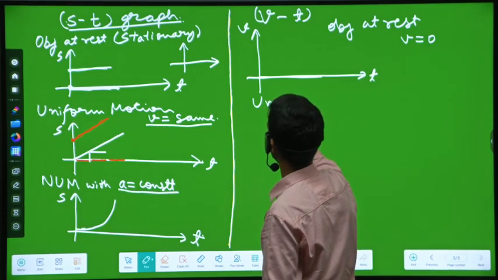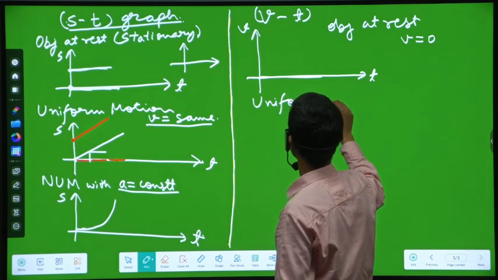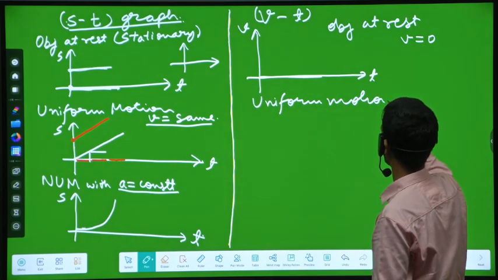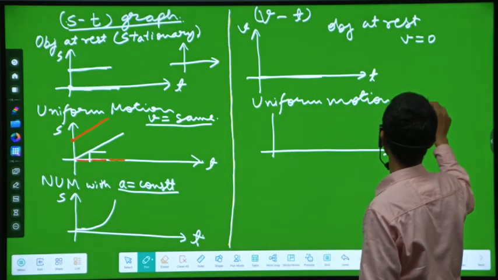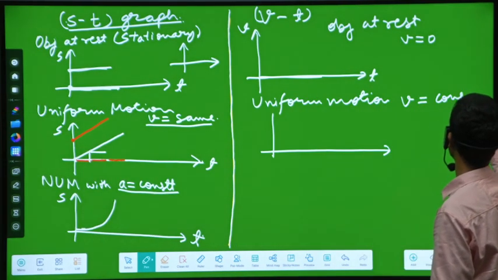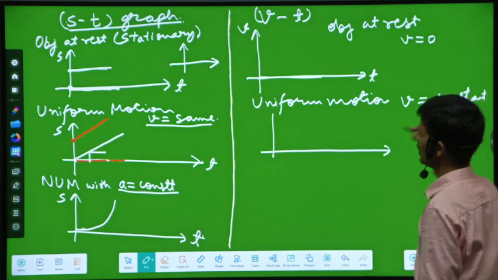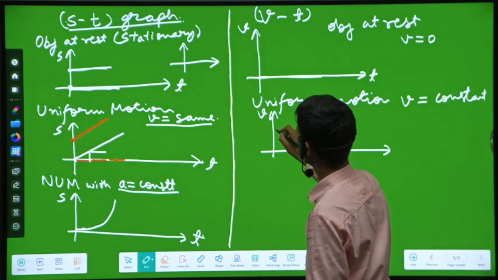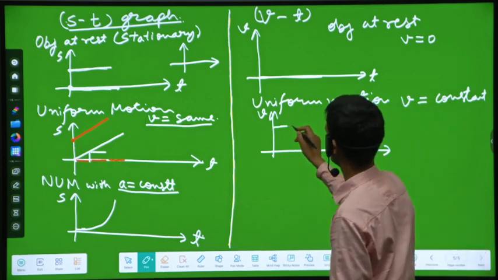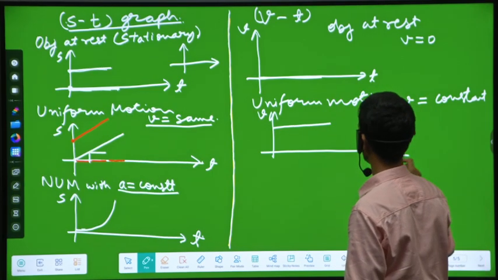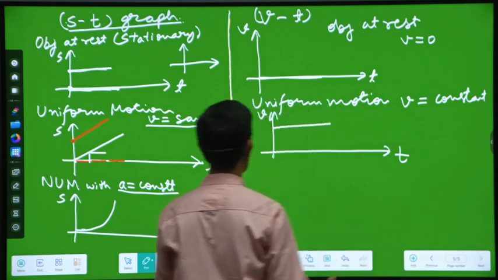Now for uniform motion, as we know velocity is constant, then it will be a straight line parallel to time axis. Now what is it all about?